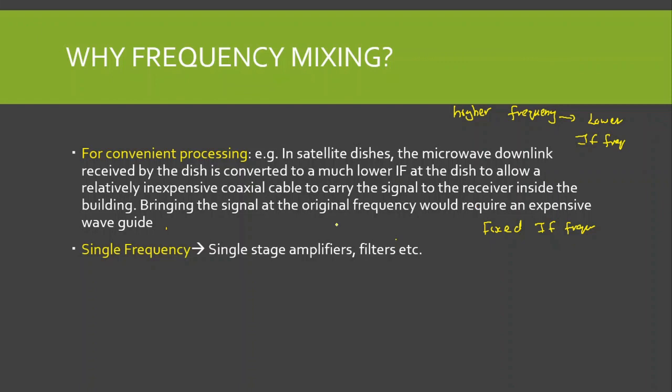Also, the higher frequency amplifiers are costly and also enhance noise greater. So that's why it is always better to convert the high frequency signal to a low frequency intermediate frequency signal by using the frequency conversion.